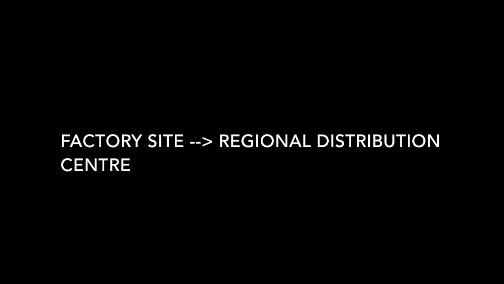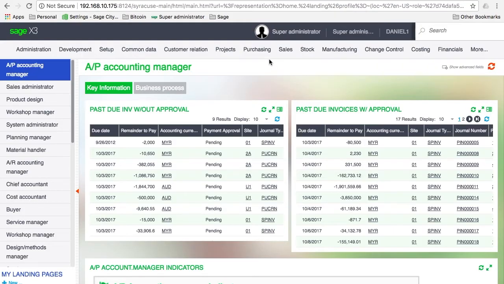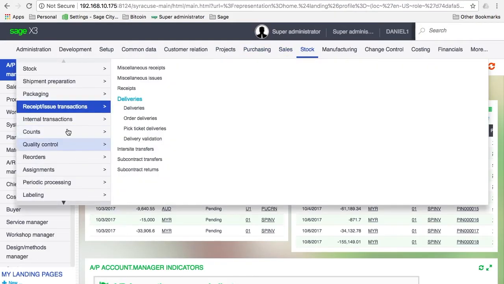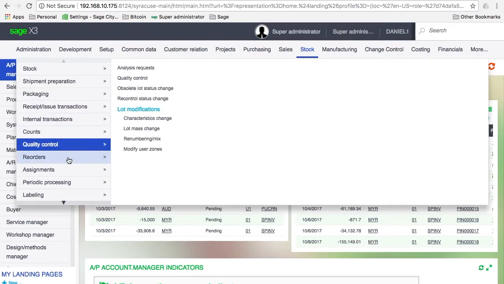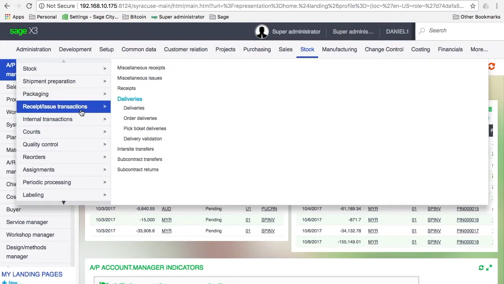The next step is to move 10 pallets from factory side to regional distribution center. We will be using the intersite transfer function.